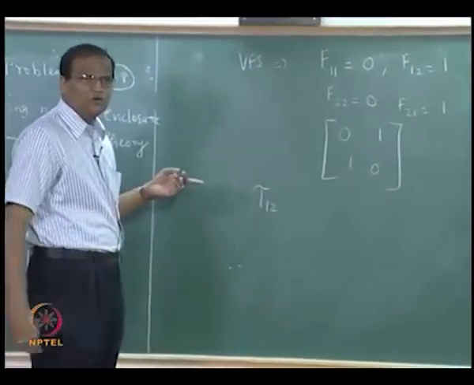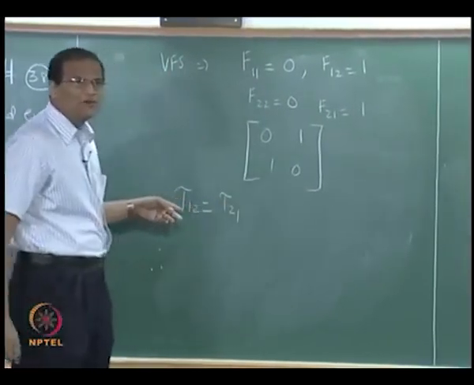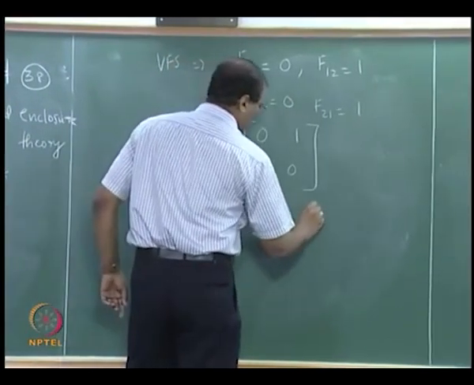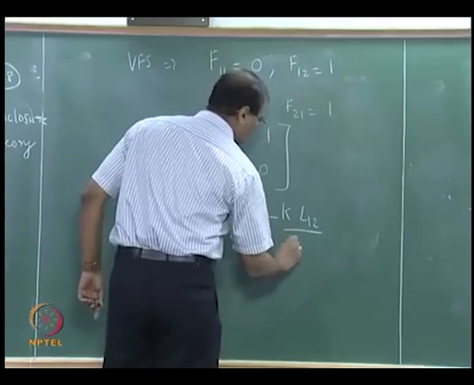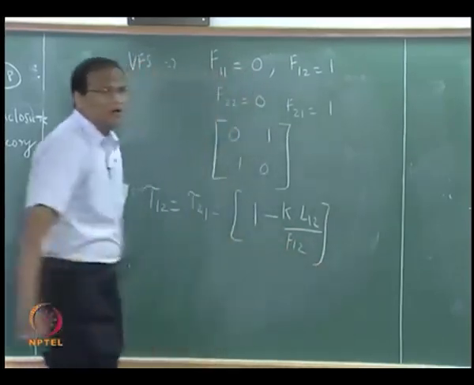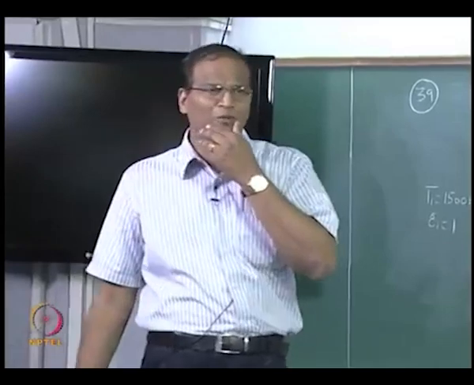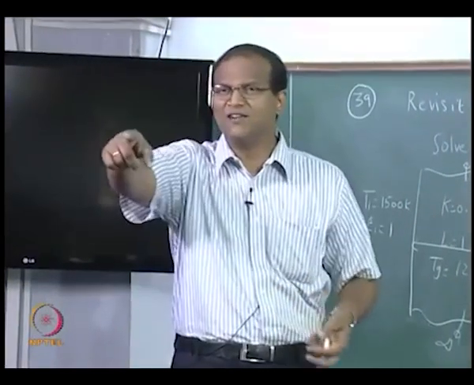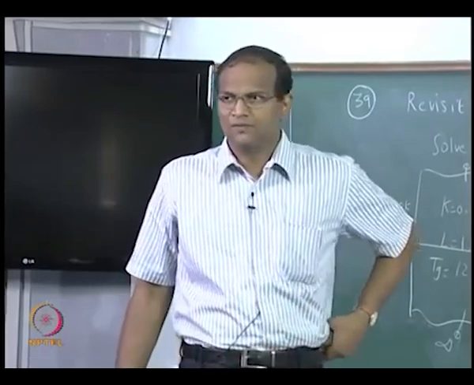Tau 12 equal to tau 21, yes. Is everybody okay with this, right? Correct. What is L12 for parallel plates? We will take the 1.8, or you want to take 2? 1.8 is given in the tables, we will take the 1.8, okay.